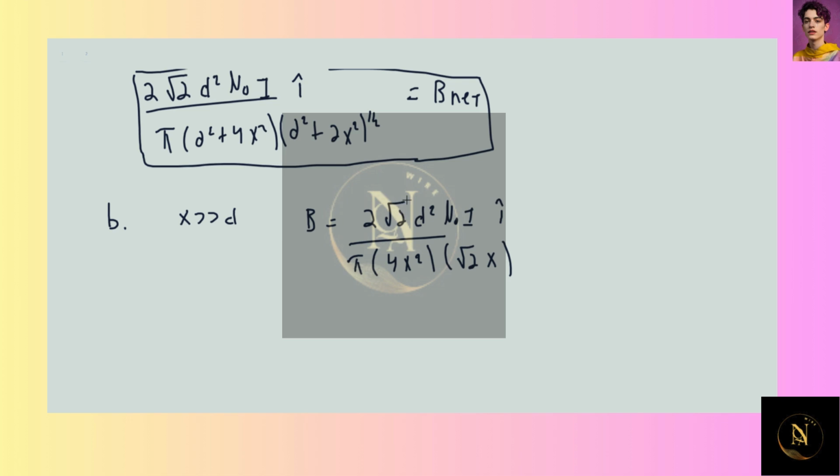And it looks like we can cancel that root 2, and that 2 and that 4 will be just a 2. And so this should be d squared mu naught I in the i hat direction, over pi x cubed, and then we have a 2 out front.